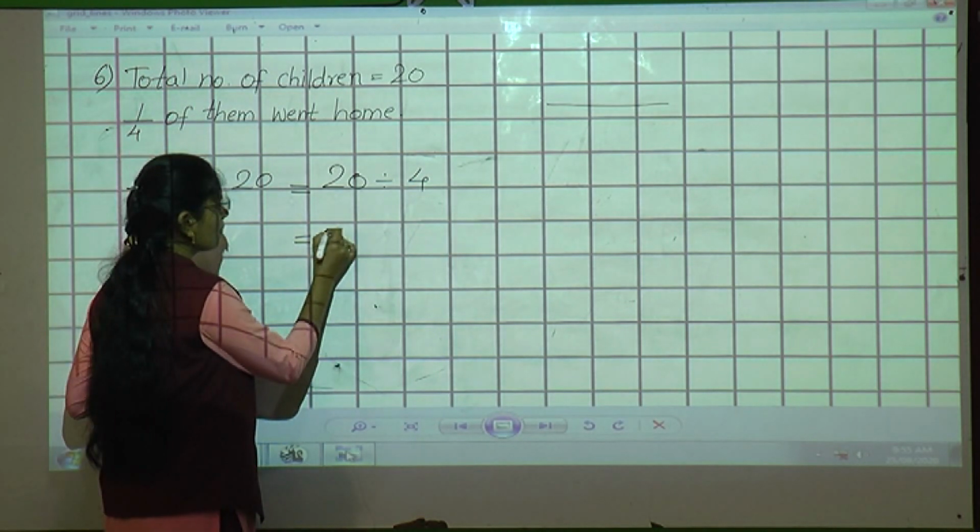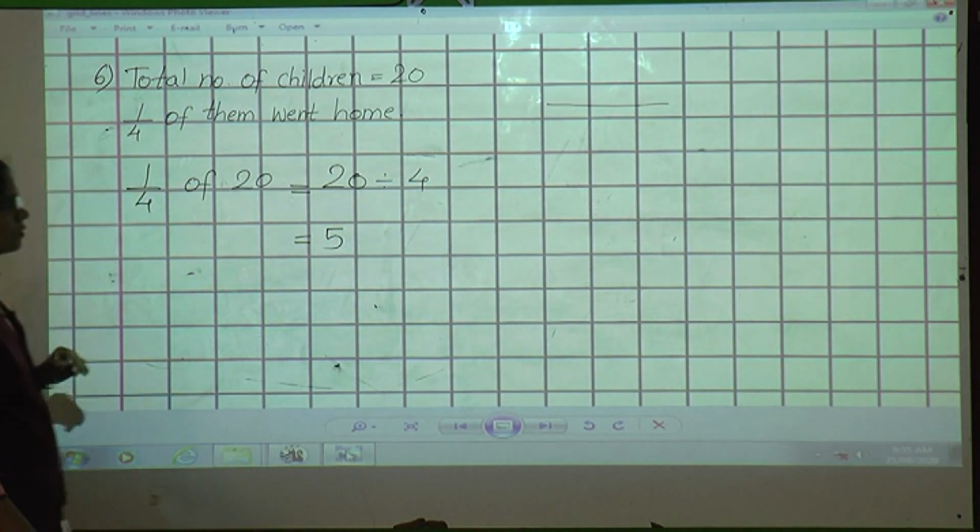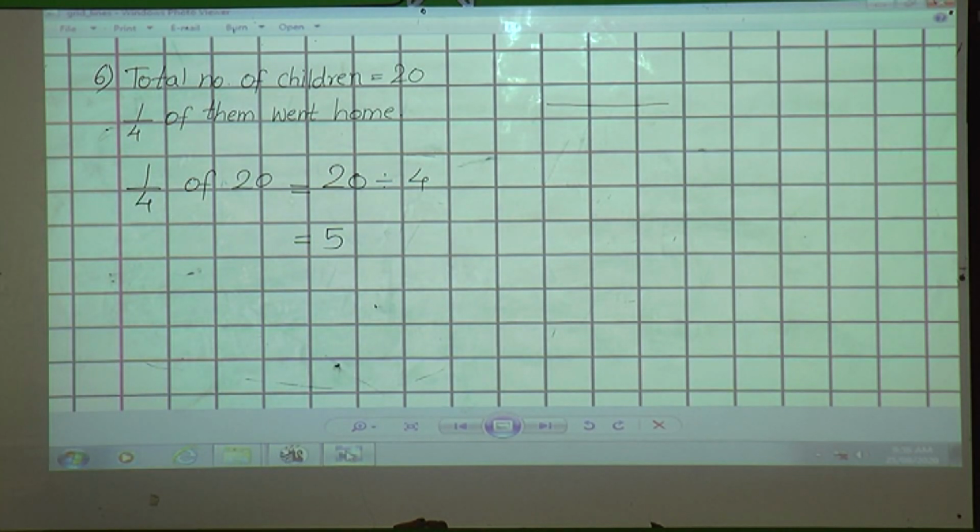So 20 by 4 is equal to 5. Because in 20, how many 4s are there? There are 5 4s in 20.